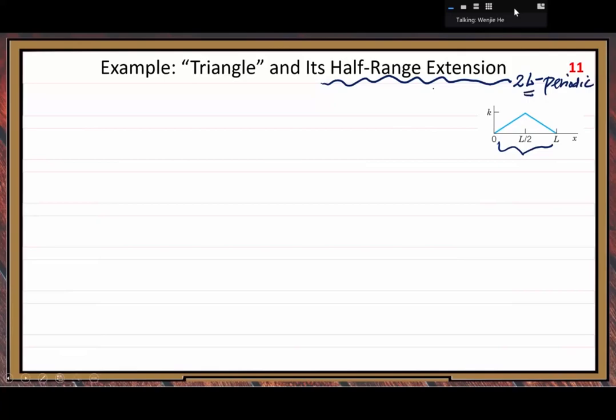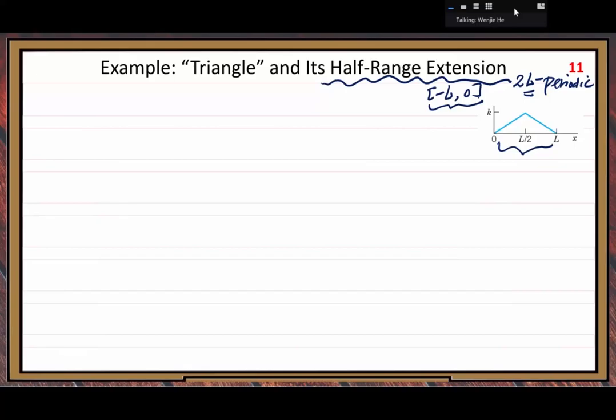So we have the other half, from negative L to 0, which we do not have. We need to find a convenient way to fill that negative half in to get a whole 2L period.